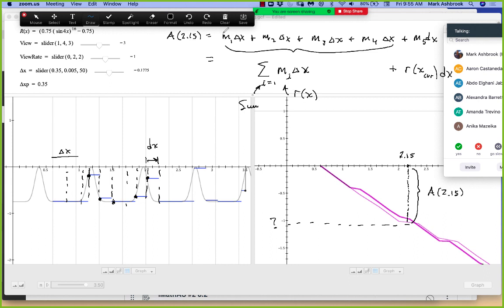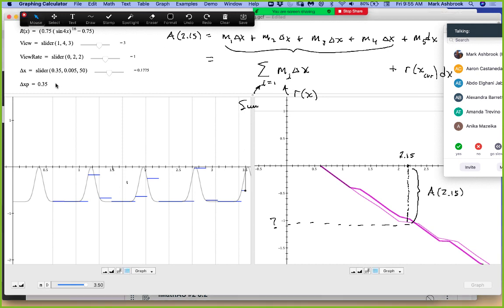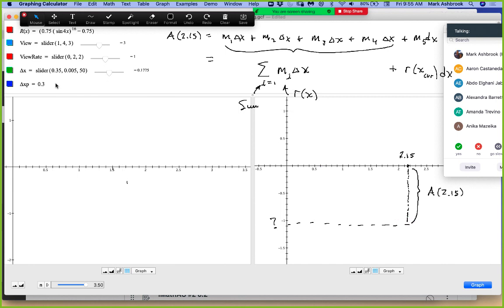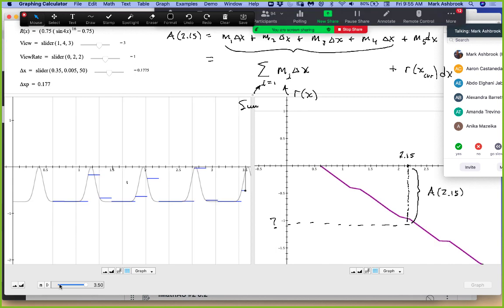I'm going to erase some things here. Okay, so I'm going to hold on to this one now, which was 0.177. And now I want to make it even better, so that means smaller.